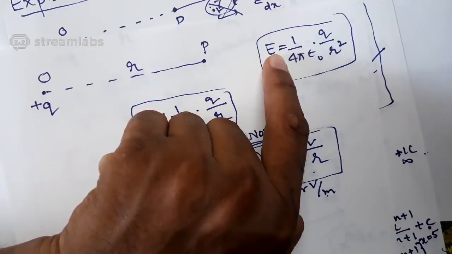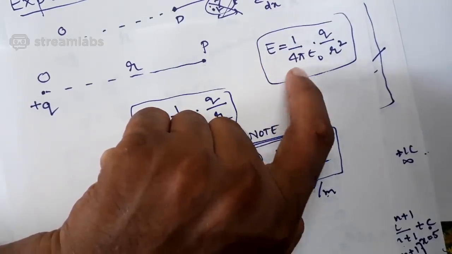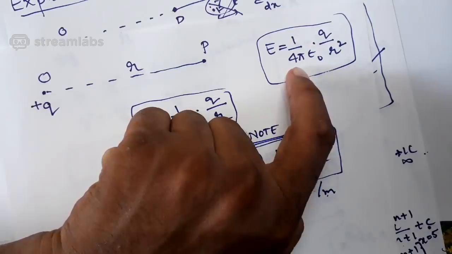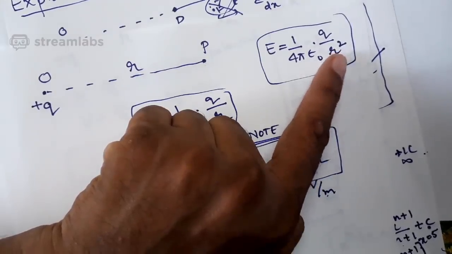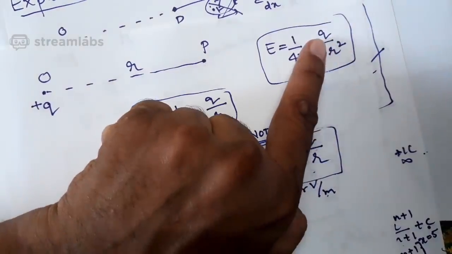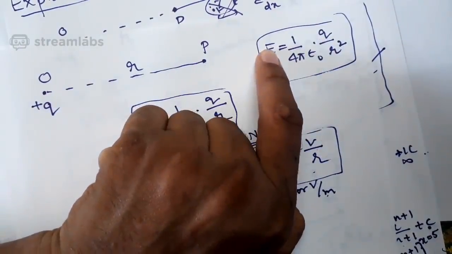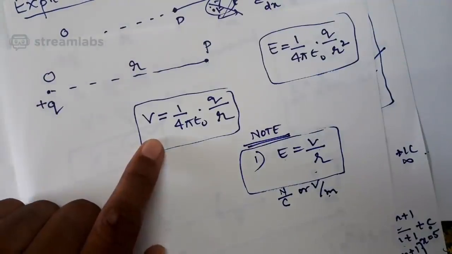We never bothered about the nature of the charge in calculating the magnitude, but of course the nature of the charge was taken into account in drawing their direction, both in E and F. That is why we never considered the nature of the charge in the calculation. Even though the charge was negative, you used to take only the magnitude of the charge. But here you can't do that.